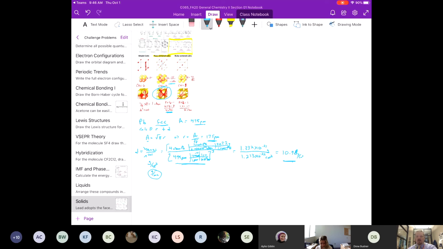So we could calculate, if we know the density and the type of packing, the molar mass. Or if we know the atom, the type of packing, and its radius, we could calculate density. Or if we know the density and the type of packing and the element, we could calculate its radius.